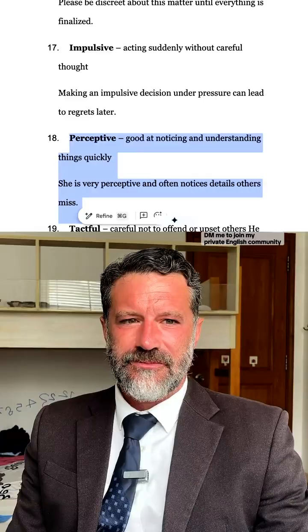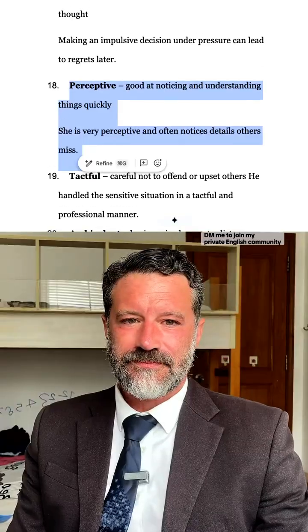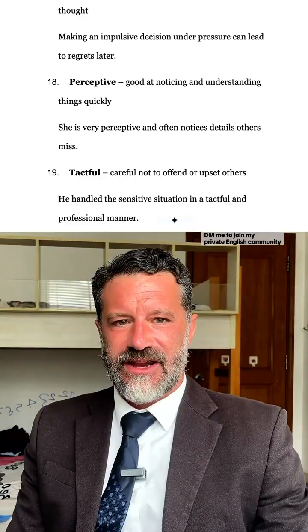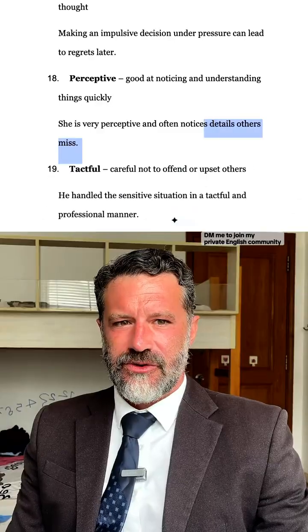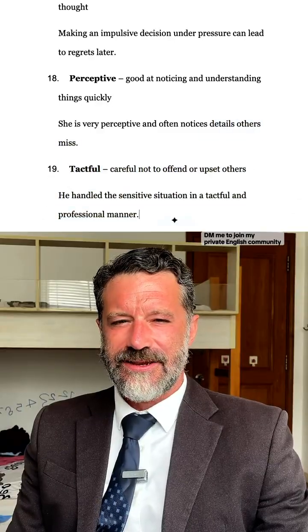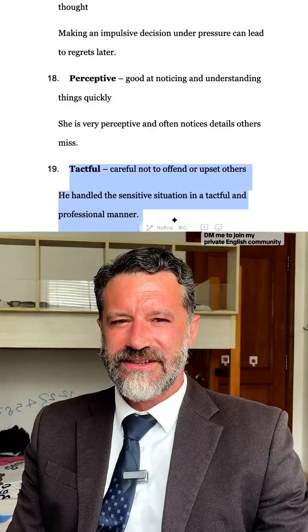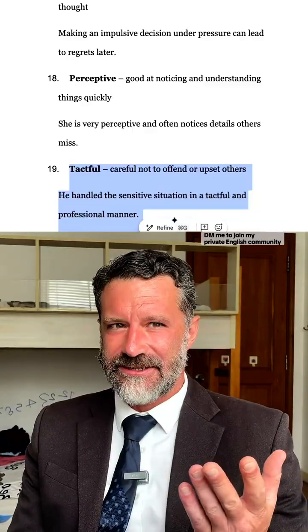Yeah, so perceptive means you're good at noticing things. Here's a good word. Tactful. Tactful means careful not to offend or upset others. It's not quite the same as tactical, right? You should have tact.